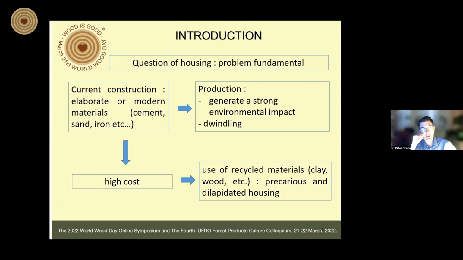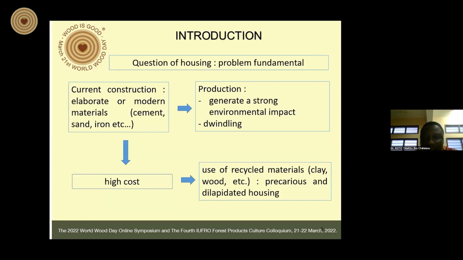For the introduction, one of the basic human needs is housing. In many countries, particularly in Africa, because of strong urbanization, the question of housing has become a fundamental problem.